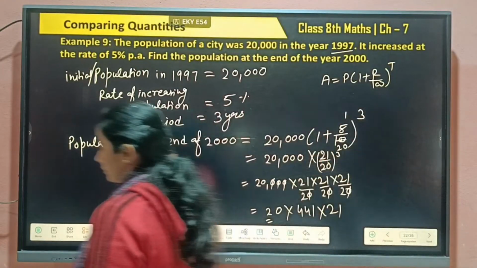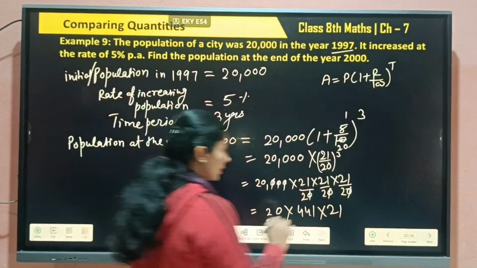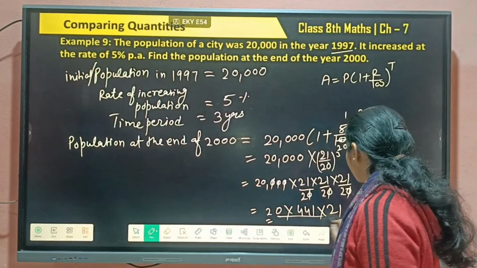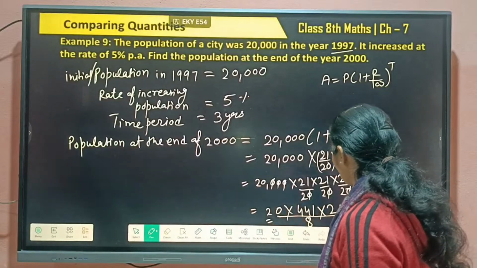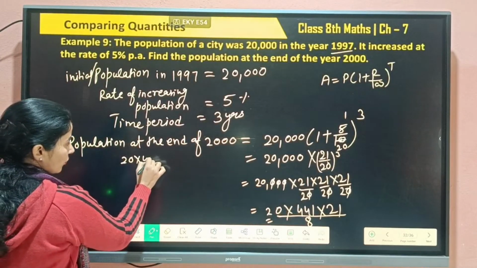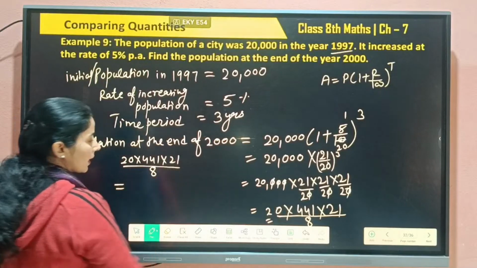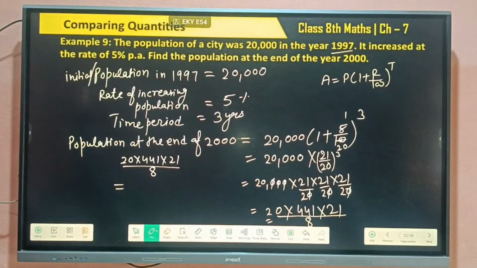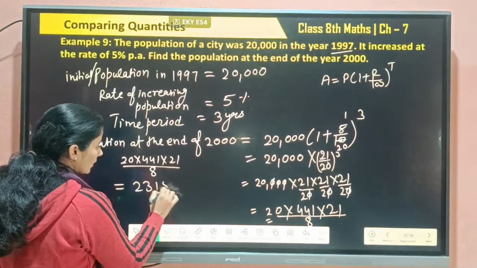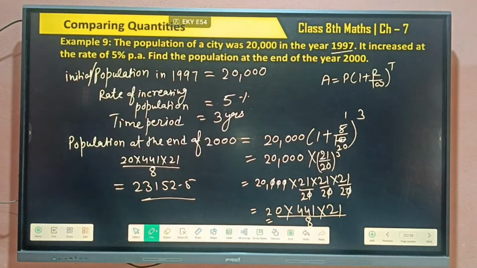So its multiplication, if you multiply, 2 twos are 4, 4 twos are 8. Further also you can simplify. This is 20 into 441 into 21 by 8. If you multiply and divide, you will get your answer, 23,152.5. This will be your answer.